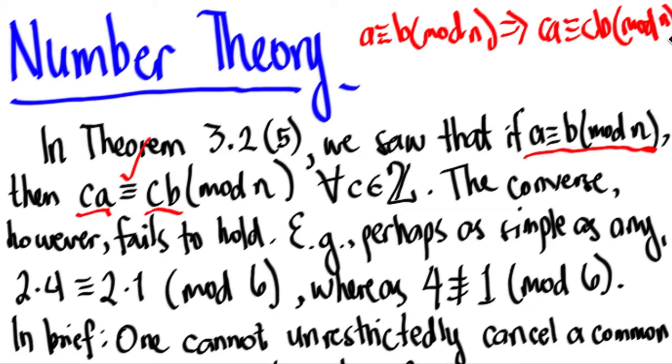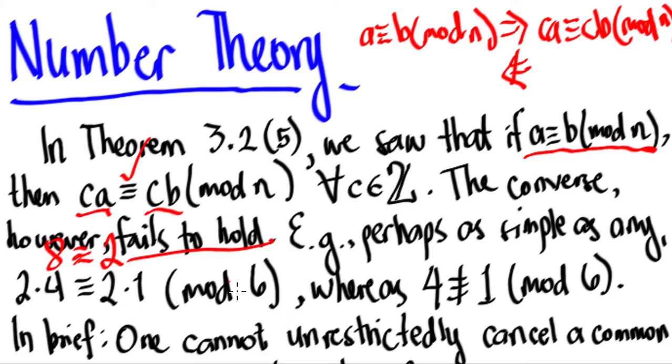mod n. Now, the converse is not entirely true for all cases. The converse fails to hold. As a very simple example, 2 times 4, that is 8, is congruent to 2 mod 6, since 8 minus 2 is 6.